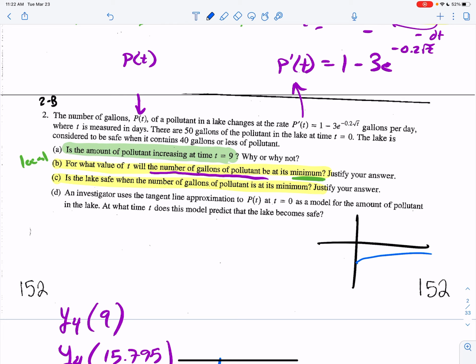So I'm going to extend my x max to 50. When I go all the way to 50, it looks like it crosses. It looks a little more like that now.